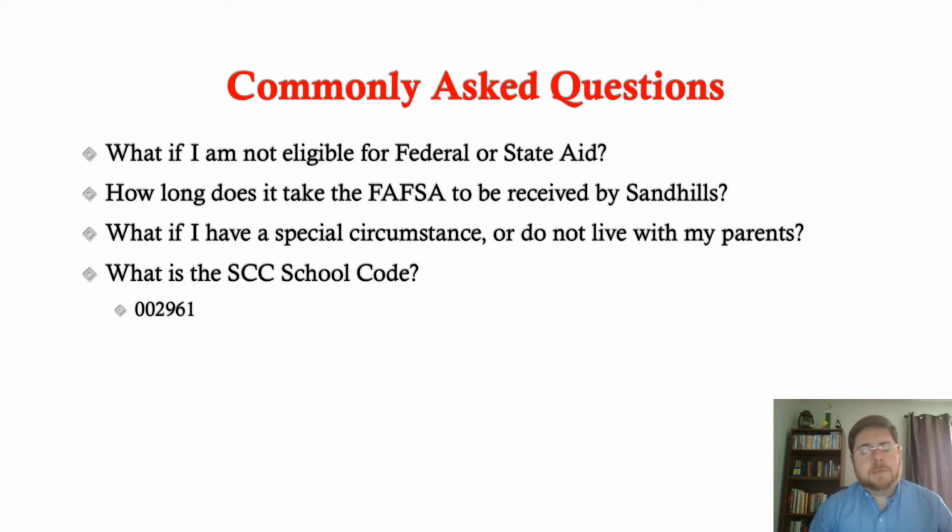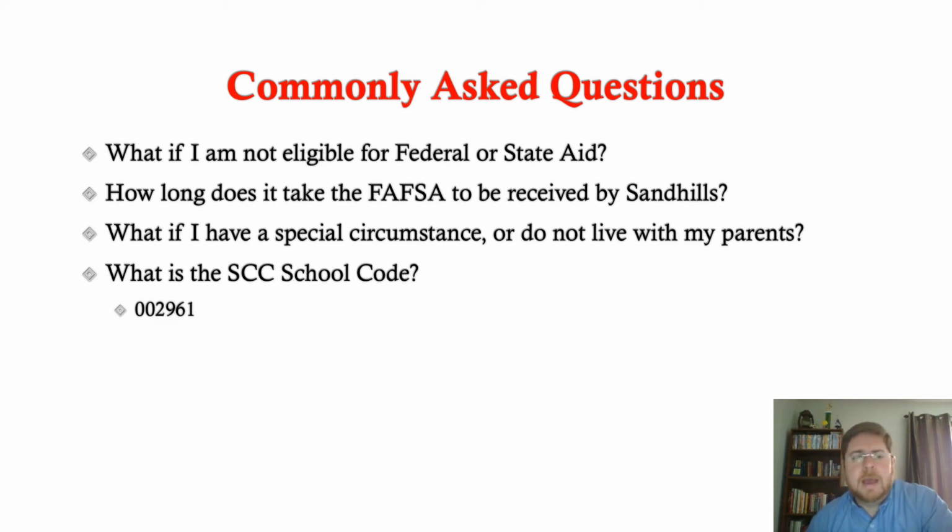There is a lot of paperwork that goes with that dependency override because we're trying to prove that not only do you not live with your parents, but there is no way possible you can get their information for the FAFSA. Again, give me a call. Let me walk you through the different scenarios. It is a lot easier to talk it through before you fill out the FAFSA instead of having to go back in and make correction after correction.